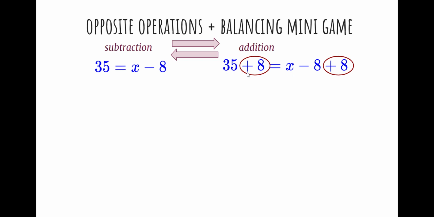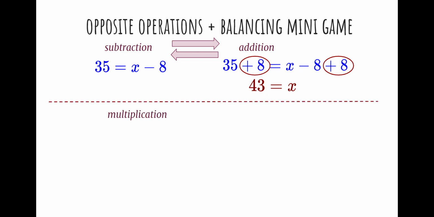And if I perform this calculation, 35 plus 8, I realize that is 43, and that is the solution to our equation. So x equals 43 is the solution, or the number that makes this equation true. What I did was look at the operation that was happening, and by doing the opposite, I am undoing what is happening, and I must do it on both sides.